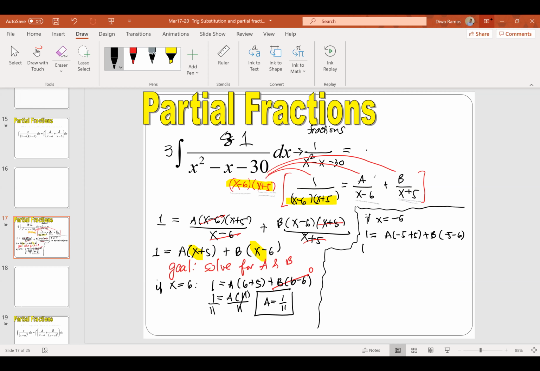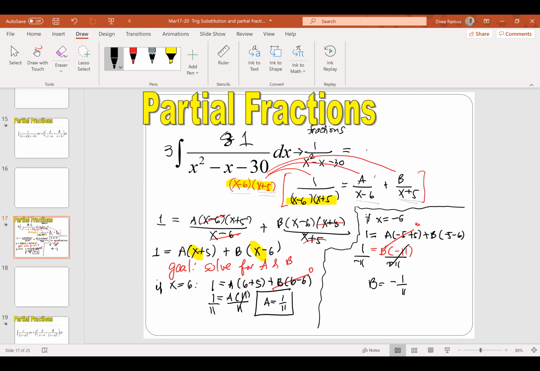So definitely this is 0. And b times -11, since -5 minus 6 is -11, divided by -11 on both sides, that will be our b, -1 over 11.